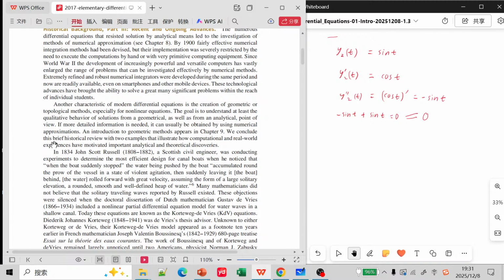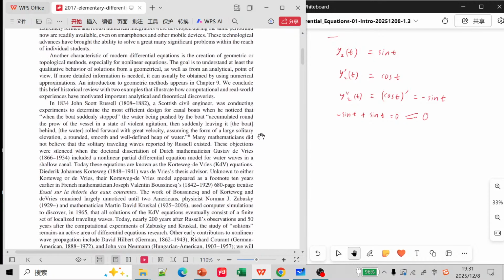We conclude this brief historical review with two examples that illustrate how computational and real-world experiences have motivated important analytical and theoretical discoveries.